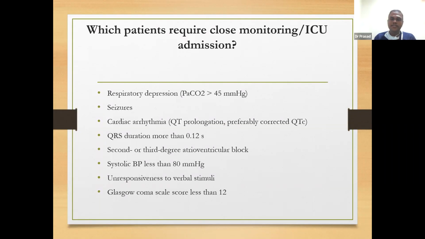So now, which patients require close monitoring or ICU admission? Means what are the prerequisites for ICU admission or close monitoring? Someone with respiratory depression, that is a PaCO2 of more than 45, someone with ongoing or history of seizures, someone with cardiac arrhythmias with prolonged QT interval, preferably corrected QTc, and also prolonged QRS, that is more than 0.1 seconds, second or third degree AV block, systolic blood pressure of less than 80 mmHg, unresponsiveness to verbal stimuli, a GCS of less than 12.